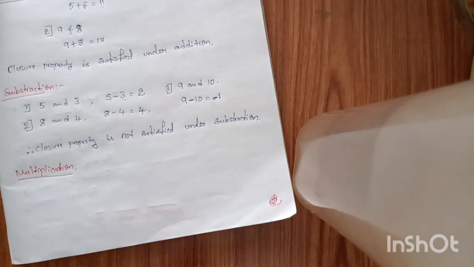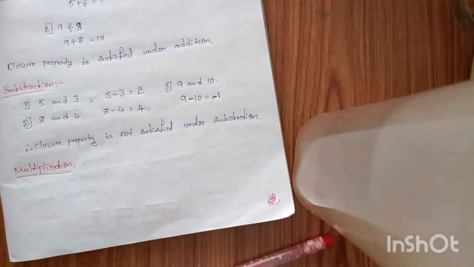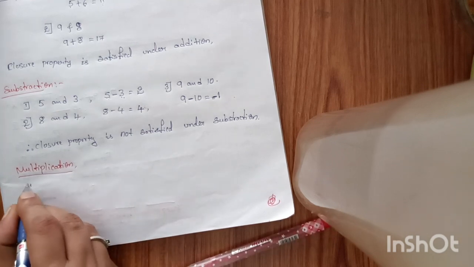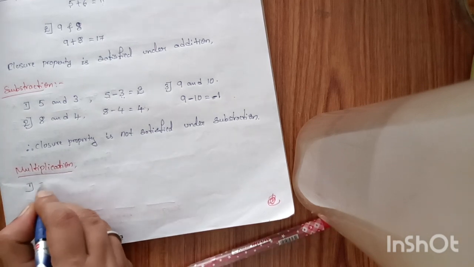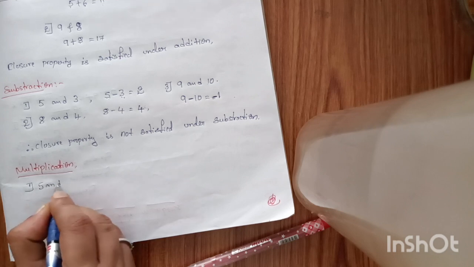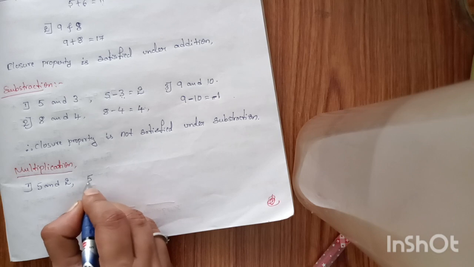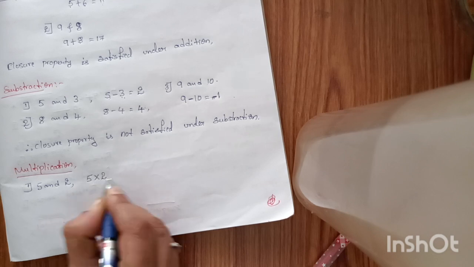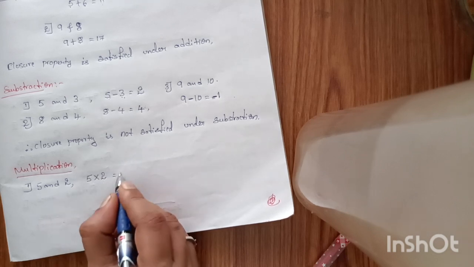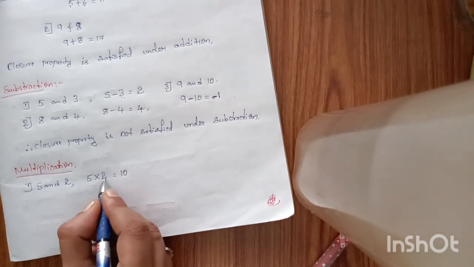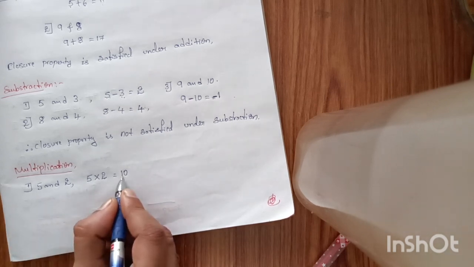Consider the first example, 5 and 2. Multiplying these two numbers, 5 into 2 is 10, correct? Here 5 and 2 are whole numbers, and we get 10, a positive number.